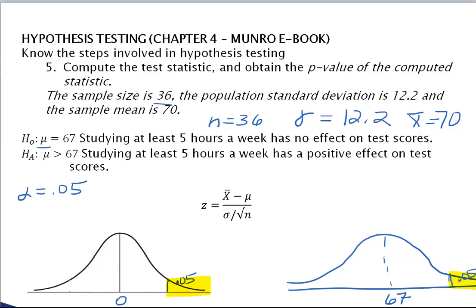So we take x bar, which was set as 70, minus mu, we said mu is 67, minus 67. And then this is being divided by sigma, which is 12.2, and then divided by the square root of n, which is 36.